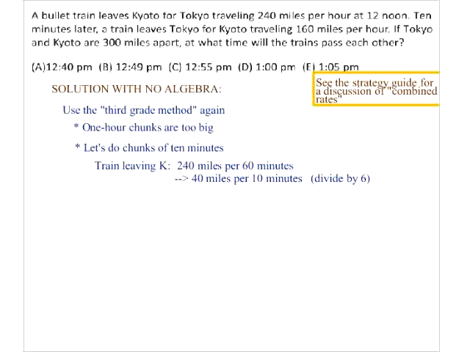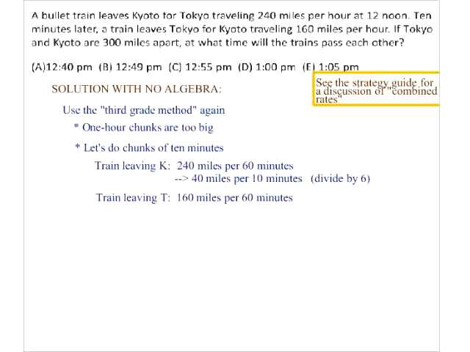And then the train leaving Tokyo is going 160 miles per 60 minutes. So this is not as nice, but if you divide by 6, you get 26 2/3 per 10 minutes.